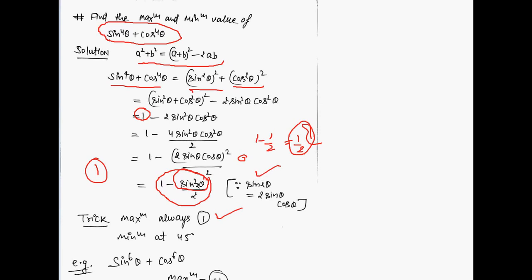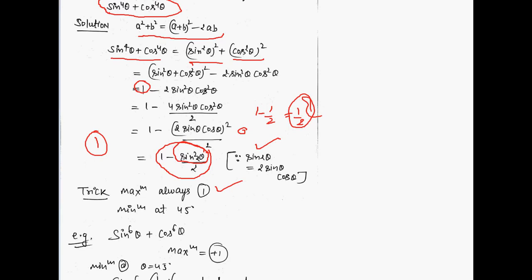But what is the tricky part? When there is any form like sin raised to power m theta plus cos raised to power n theta, if m and n are even, for example, here is 4, here is 4, here is 6, here is 6, or here may be 2 or here may be 4, but the condition is m and n must be even, then maximum is always 1.